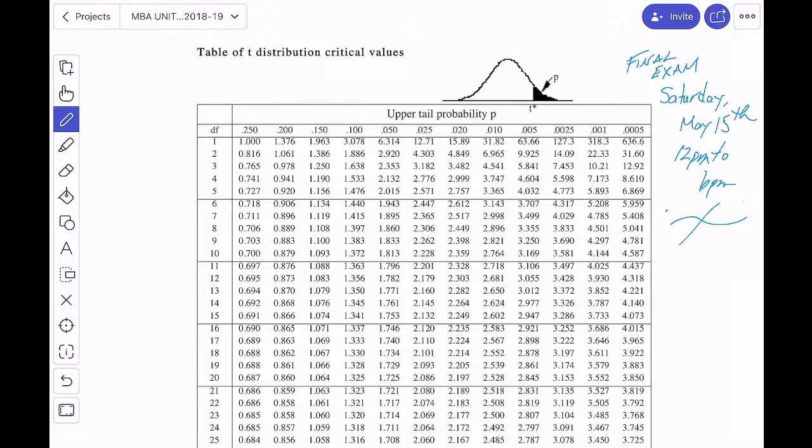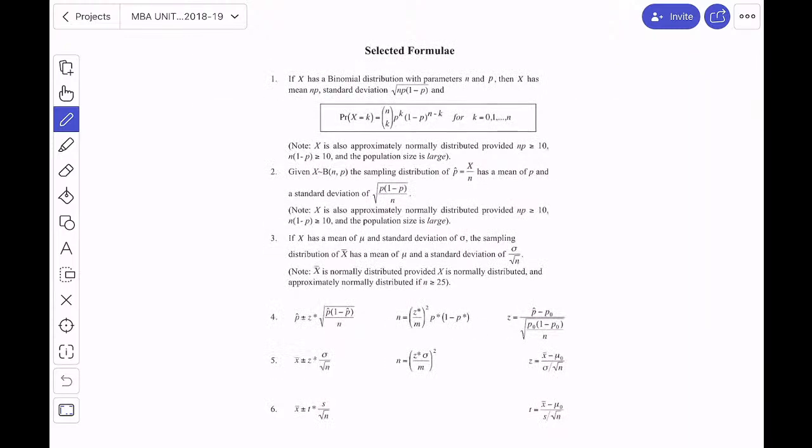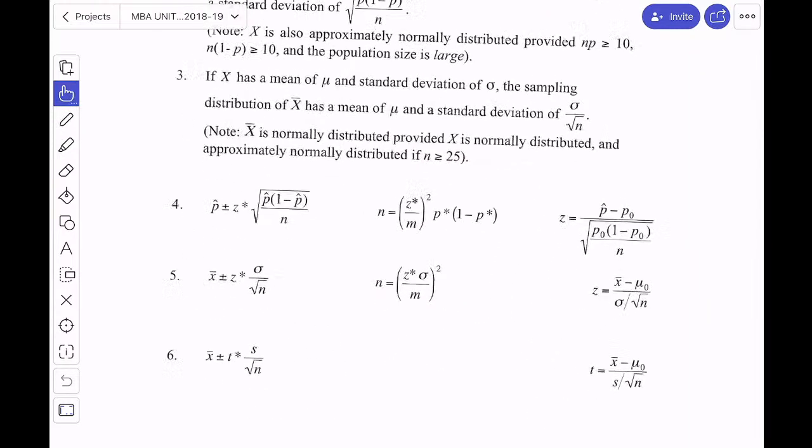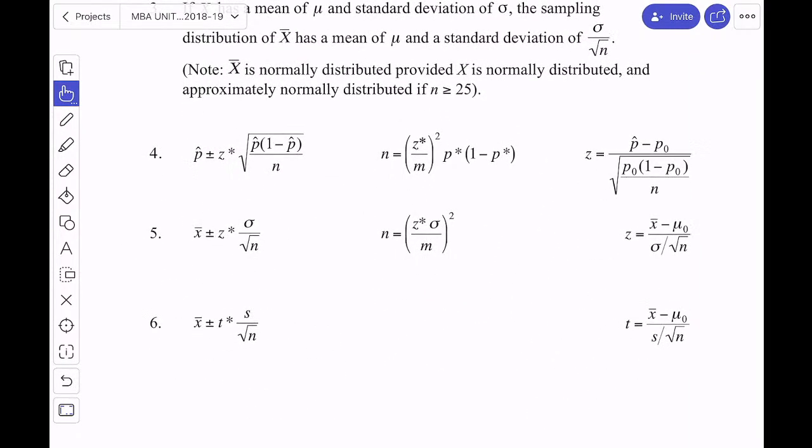We're going to cover this, and then paired t-test. That's very bad writing. Let me try that again.